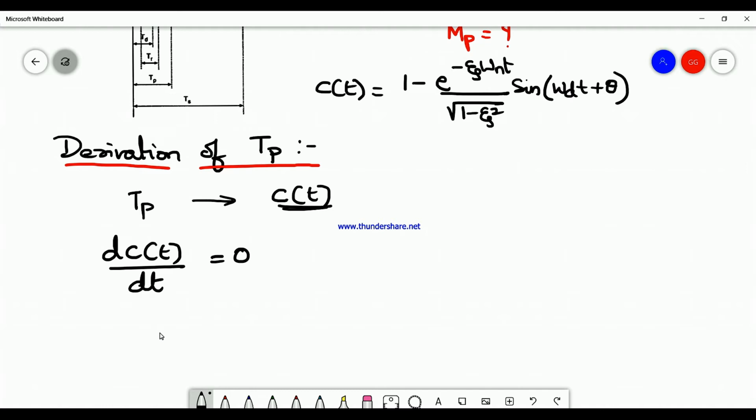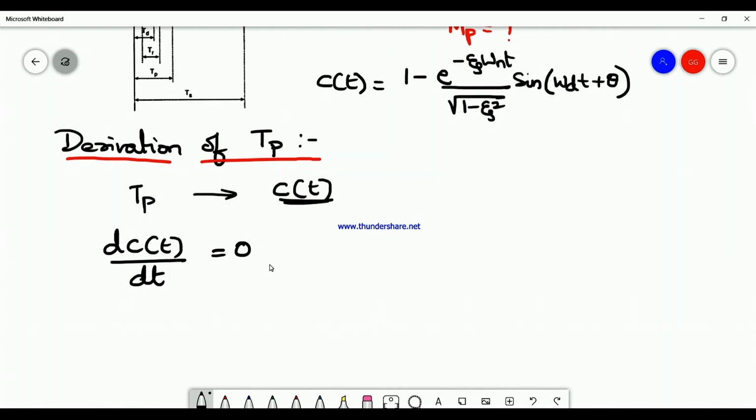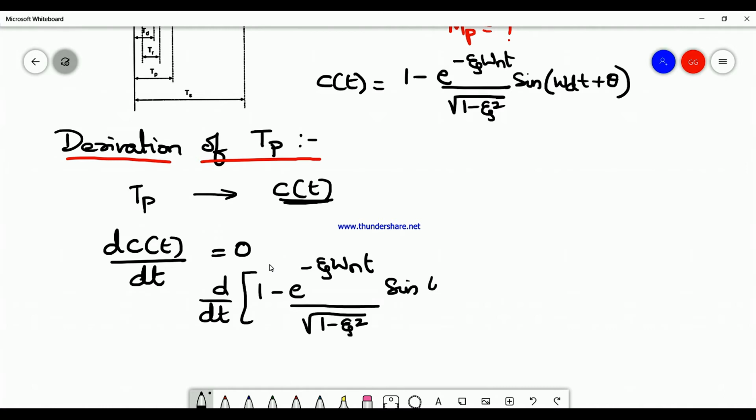Now we differentiate c of t with respect to t, that is what we do now. So d by dt of 1 minus e power minus zeta omega n t divided by square root of 1 minus zeta square into sine of omega d t plus theta equals 0.